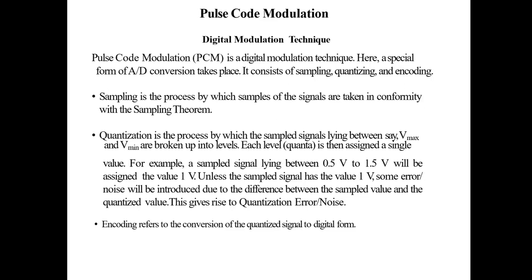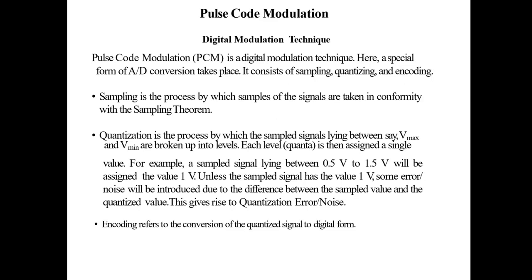Why do we go for sampling? Sampling is the process of converting the continuous analog signal into a discrete signal. We measure the samples at equal intervals of time, so it is discrete in nature. Quantization: sampled values are quantized using a quantizer, which rounds off to the nearest value.